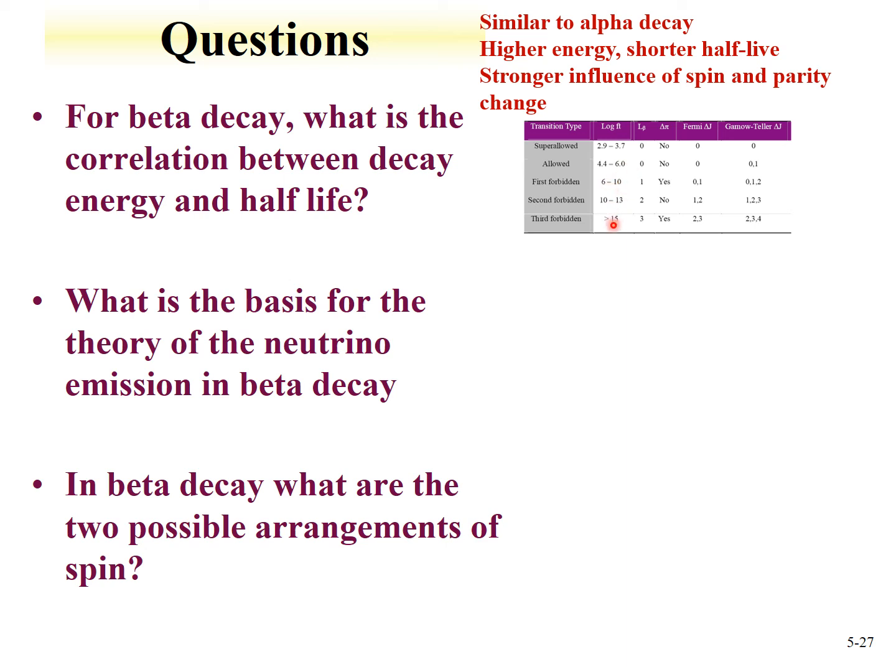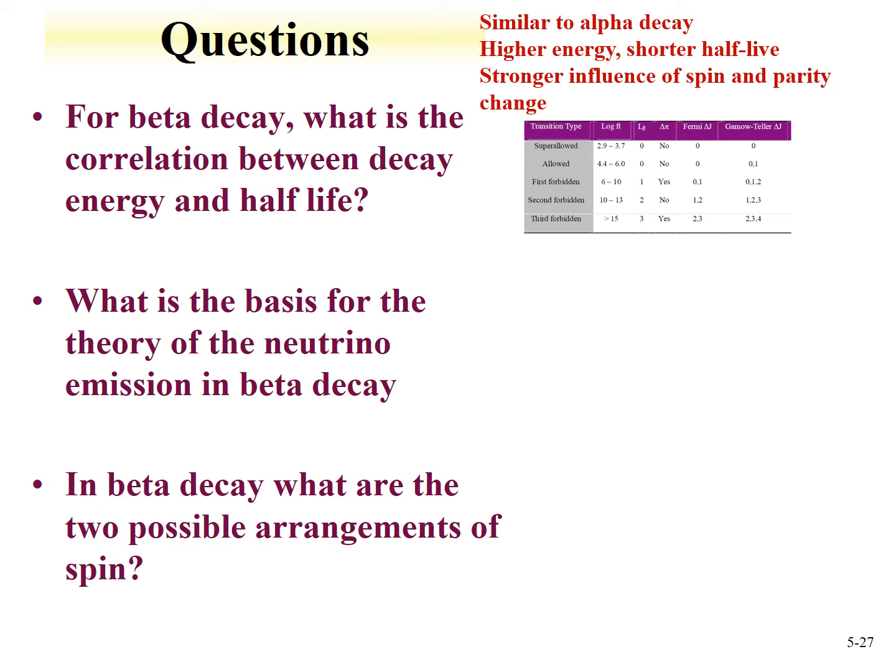The higher the log ft value, the more forbidden the transition is. Again, the larger the spin changes, you tend to have more forbidden transitions. And transitions that incur a parity change tend to be forbidden, and they're odd forbidden, so first and third, and if we had fifth, etc.